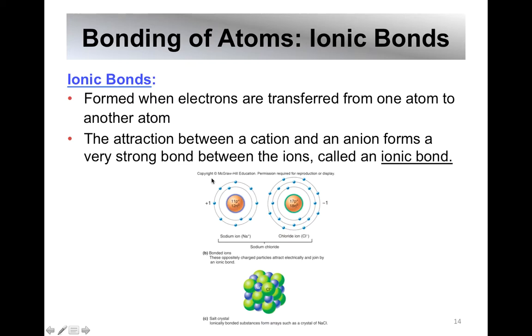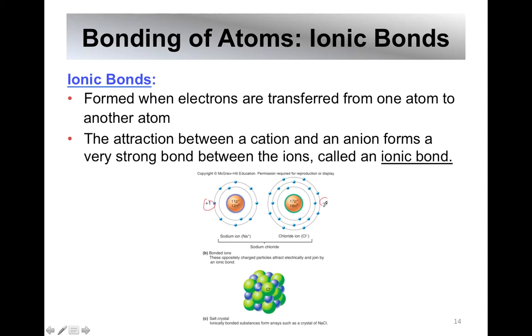All right, ionic bonds happen exactly how we just started to describe them. They happen when electrons are transferred from one atom to another. And an atom transfers an electron when it wants to have a full outer shell. So when sodium transferred its electron, it got a +1 charge.